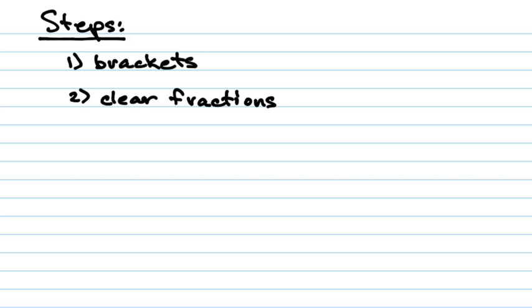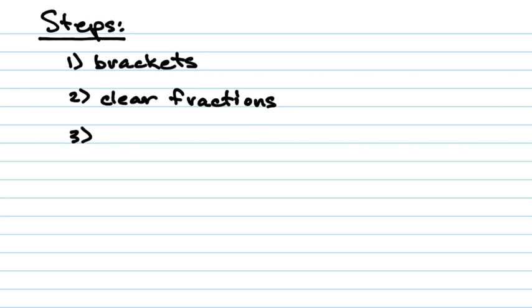I personally would rather work with a 2 and a 3 than a 2 over 3. So, you can clear the fractions. And we're going to look at some very simple clearing fraction ones, but we're going to keep it really simple, okay? Well, it's pretty easy to clear fractions, because what does the fraction bar mean? Divide. And the opposite of divide is? Multiply. There you go.